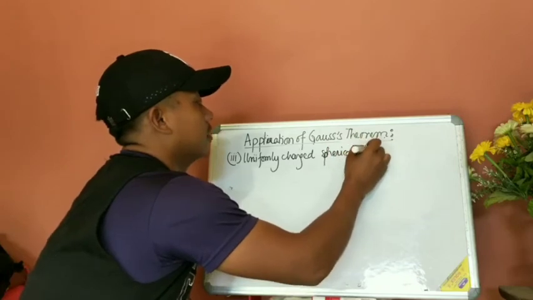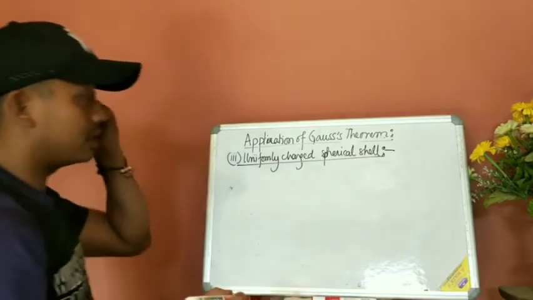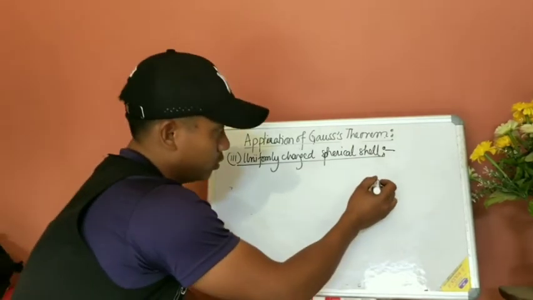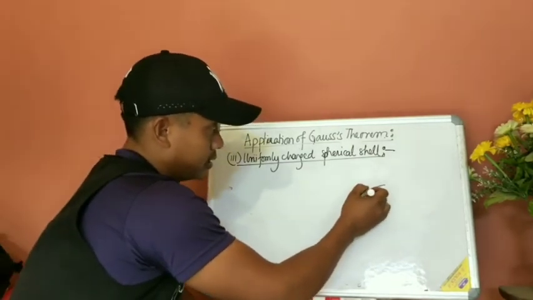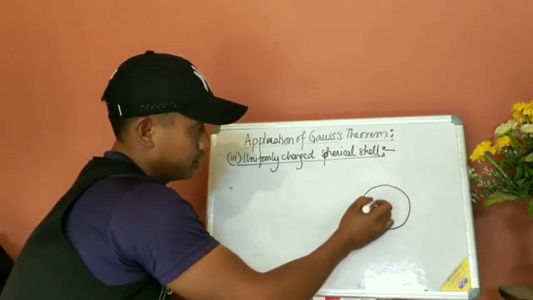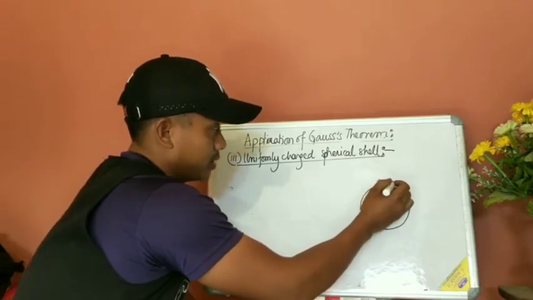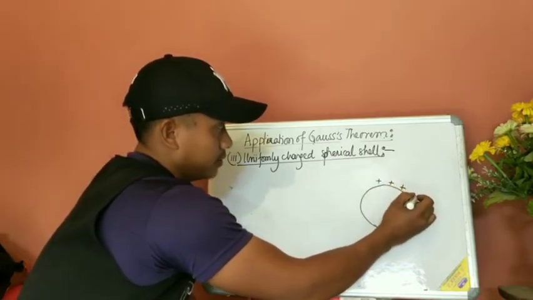Spherical cell. Cell means the inside should be empty. So you take a cell like this, a hollow spherical body, and obviously the charges will be distributed on the surface of the cell.